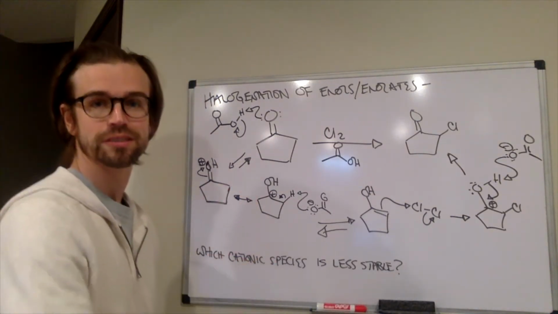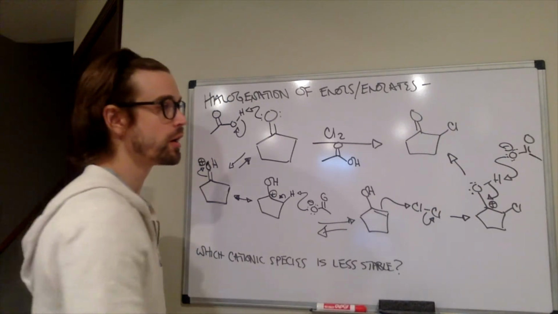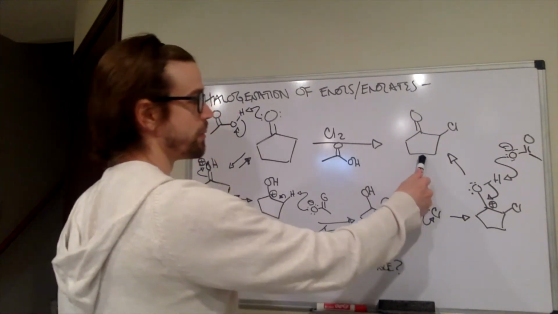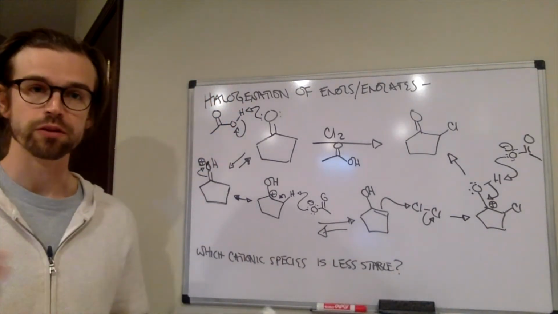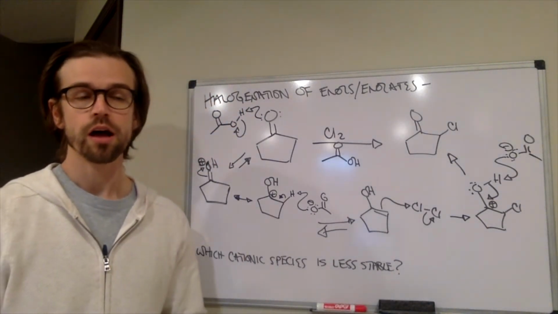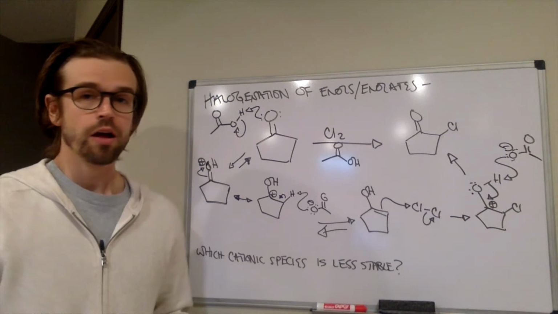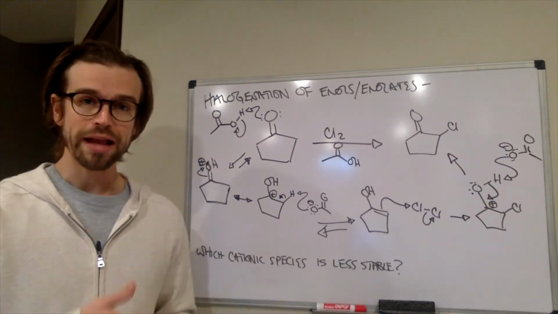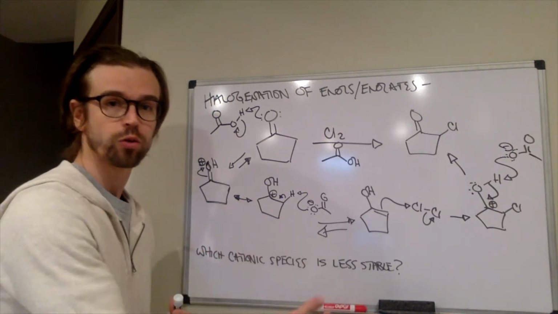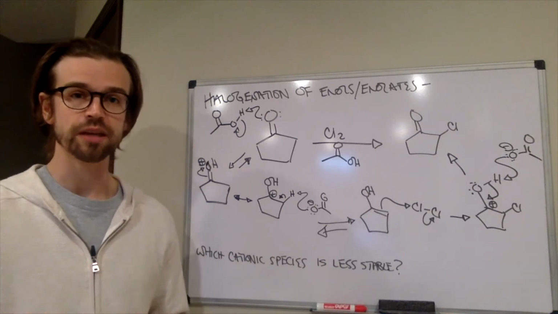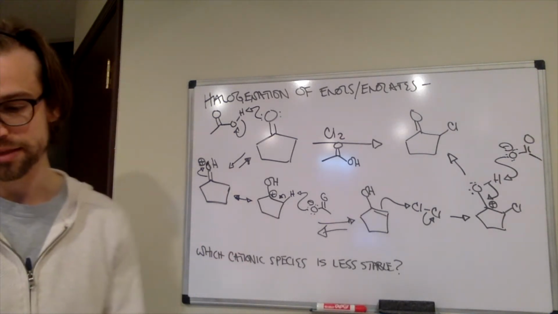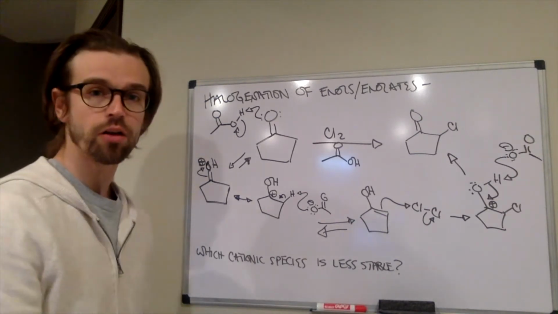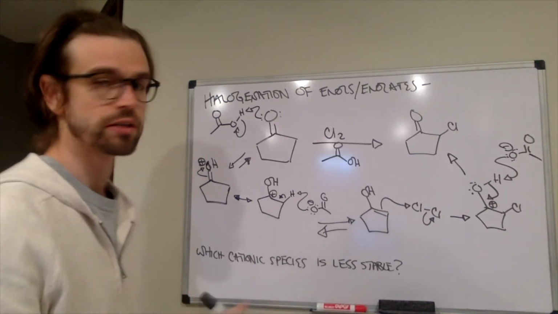Is this going to happen just a single time, or could we essentially start back over from here? Like this could go to the enol, then we could add another equivalent of chlorine. Good question. Well, what we need to think about is the rate of the first chlorine that would be added versus each subsequent chlorine. And to do that, we're going to look at the species involved in this keto-enol tautomerization.